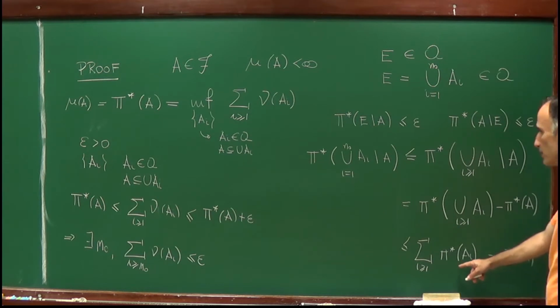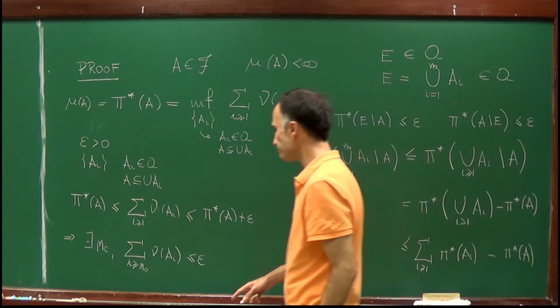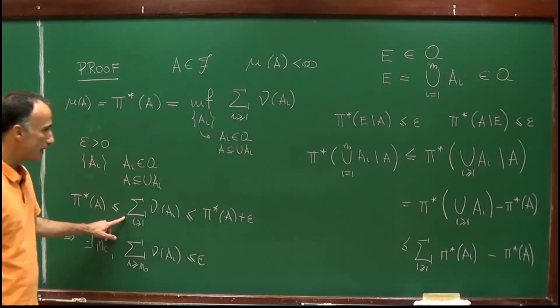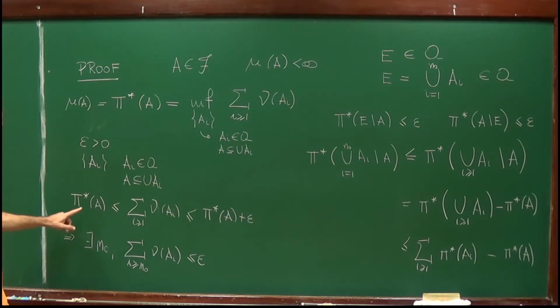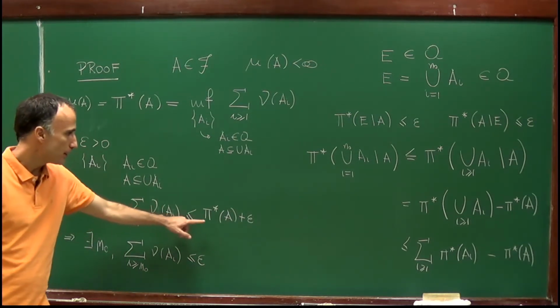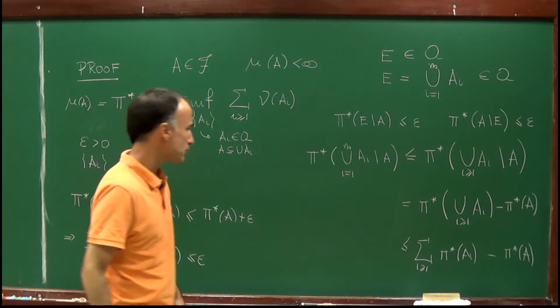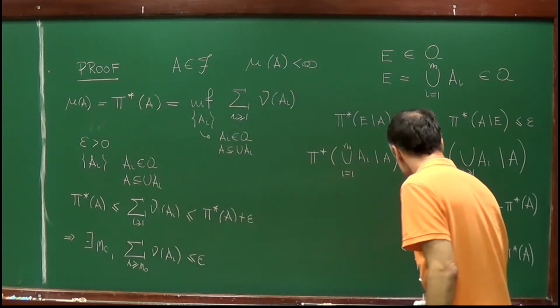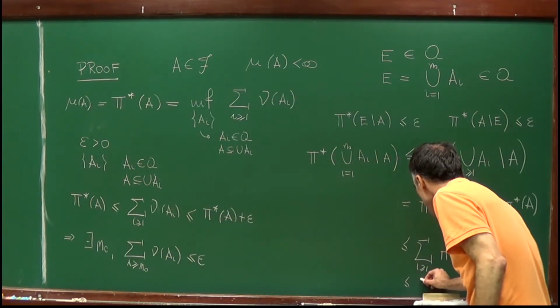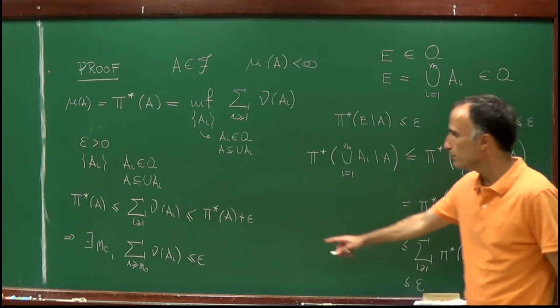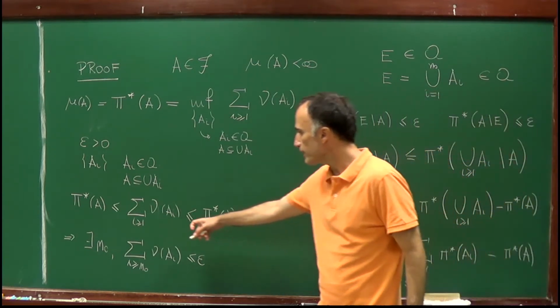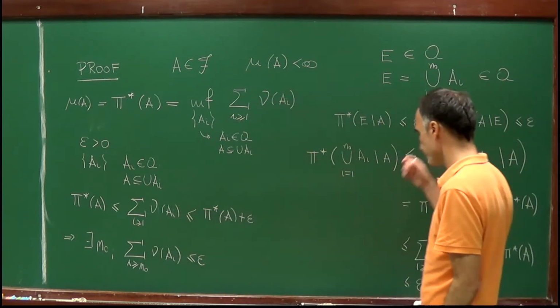And now the sum of P star of AI minus P star of A is less than or equal to epsilon by the property here of the family AI, right?